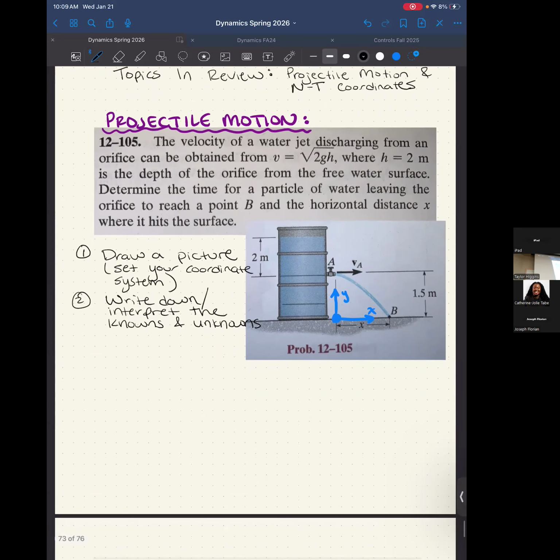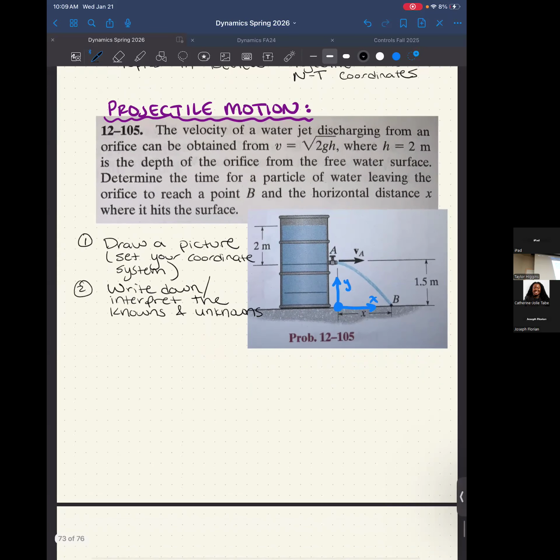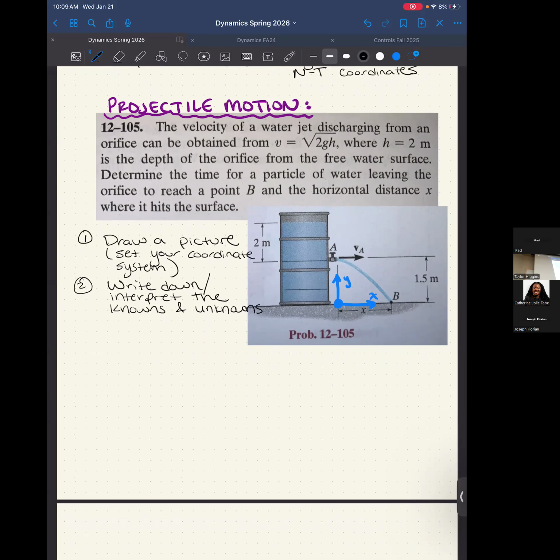Okay, so let's see. What might we know about maybe some initial positions, initial velocities that we could write down that's given in the problem, yeah? The initial velocity is given by the square root of 2g. Yes, absolutely. So the initial velocity is given in the problem.